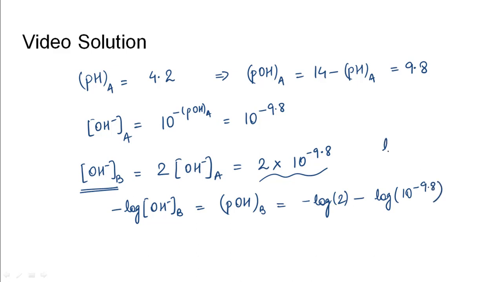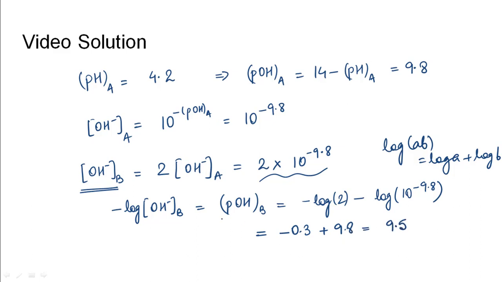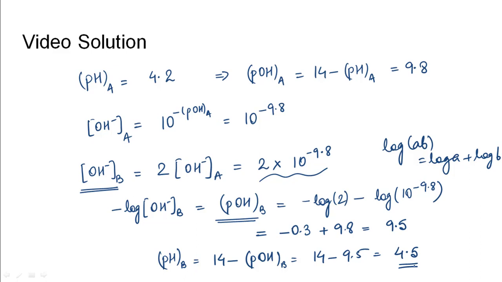This has been done using the concept of log AB, which turns out as log A plus log B. This becomes minus of 0.3 plus 9.8, which becomes 9.5, which is the pOH of B. So the pH of B needs to be found, which will be 14 minus the pOH of B. Substituting the value of 9.5, we will get the pH of solution B as 4.5.